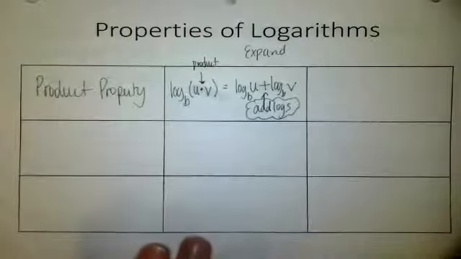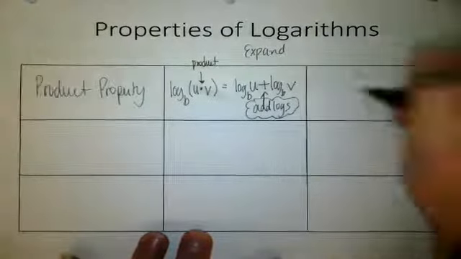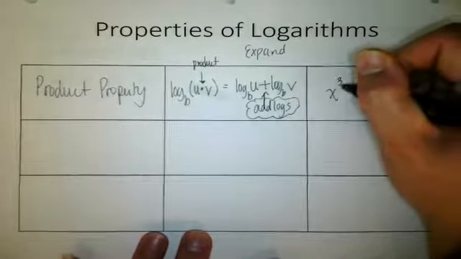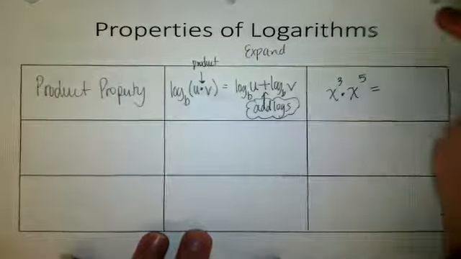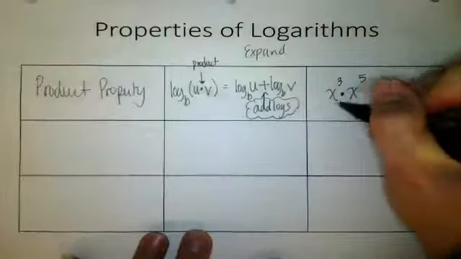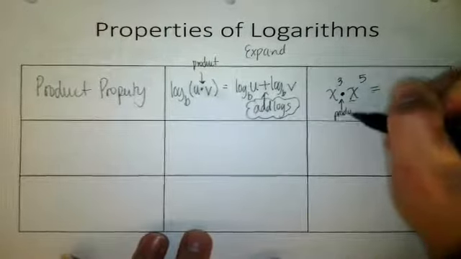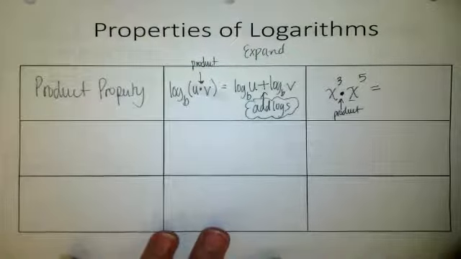Now, that's based on our property with our exponents, which says if I have a product, x to the third times x to the fifth, these have the same base and it's a product. What do we get to do to the exponents?